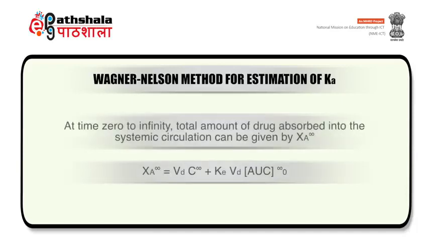At time 0 to infinity, the total amount of drug absorbed into the systemic circulation can also be given by replacing Xa with Xa infinity, C with C infinity, and AUC 0 to t with AUC 0 to infinity.